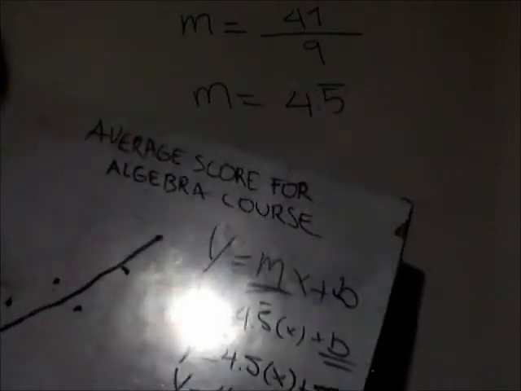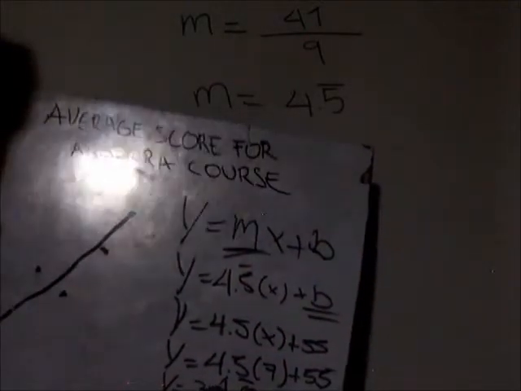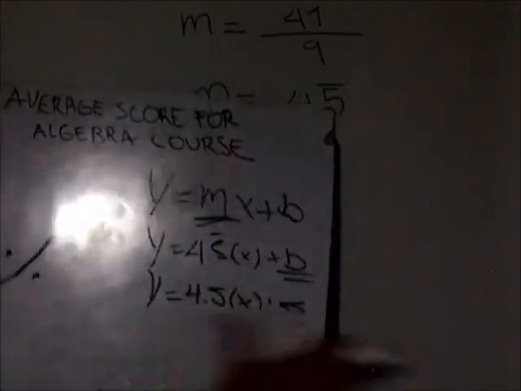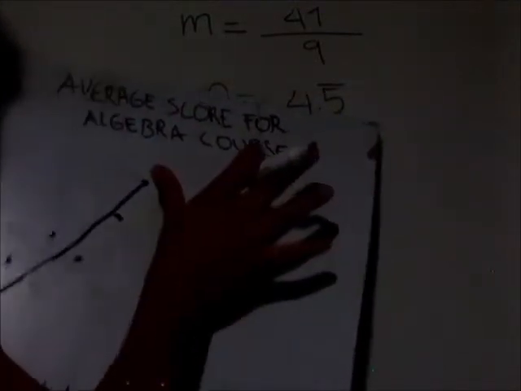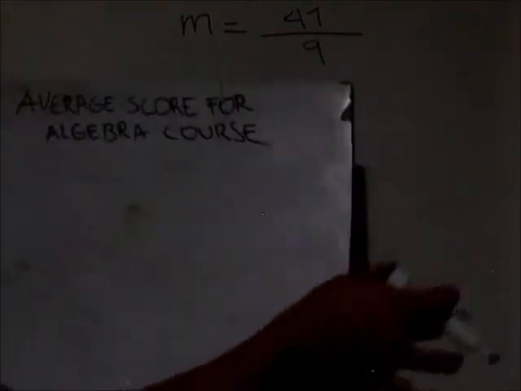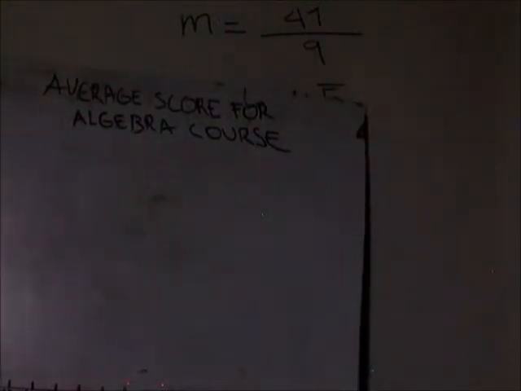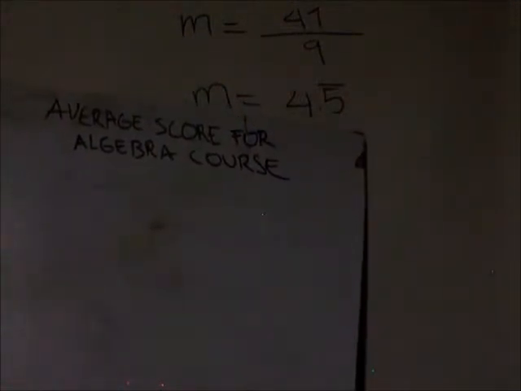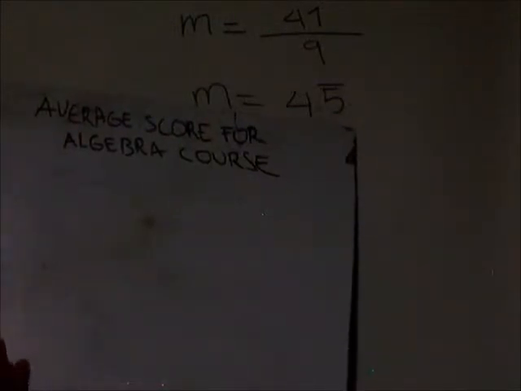We have to move the points 4 places up, and also the points on the line. At number 10, it was 55, now we're going to place it at 59.